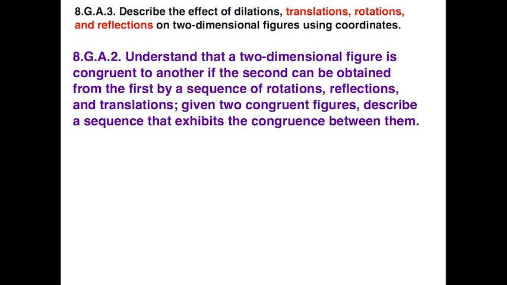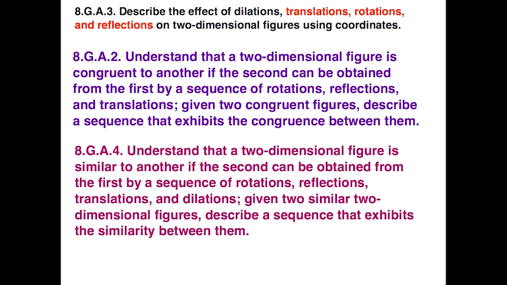In the same grade level, we have standard 8.G.A.2, which is just prior to the one we're addressing, and it deals with congruency, but connects it to rotations, reflections, and translations. Following 8.G.A.3 is standard 8.G.A.4, which is very similar, except this one deals with similarity and ties that idea to these different transformations.